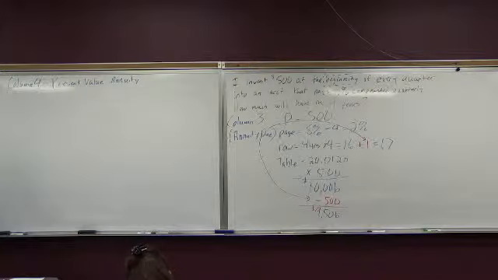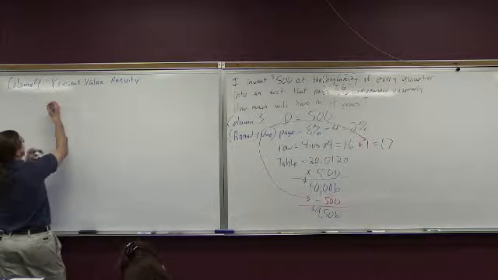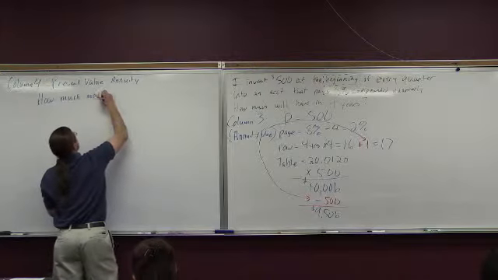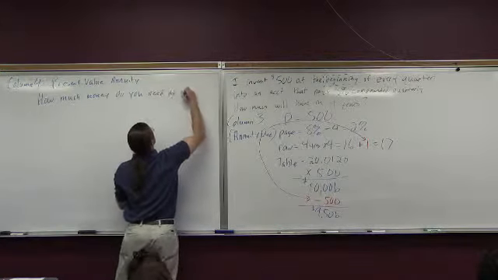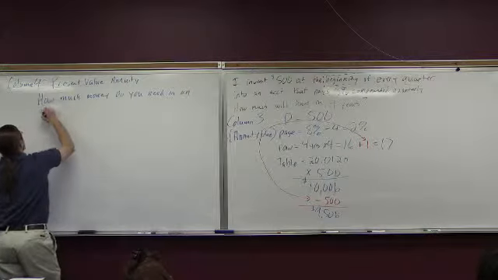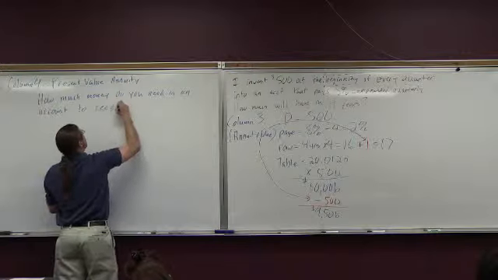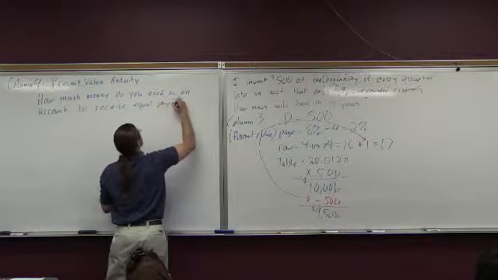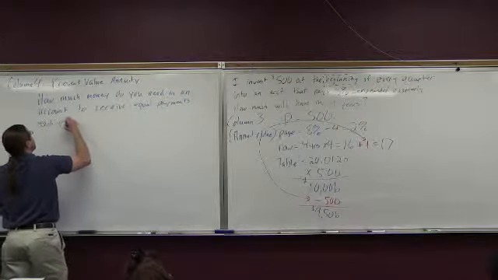The way that we deal with a present value annuity is, what you're trying to do is, how much money do you need in an account to receive equal payments each period?